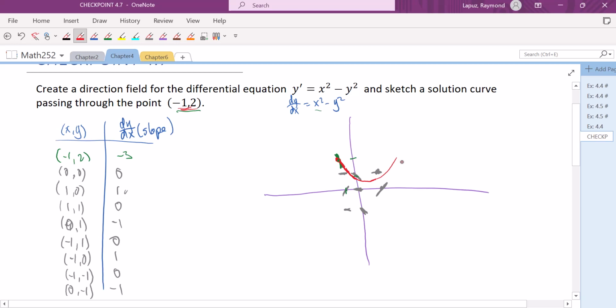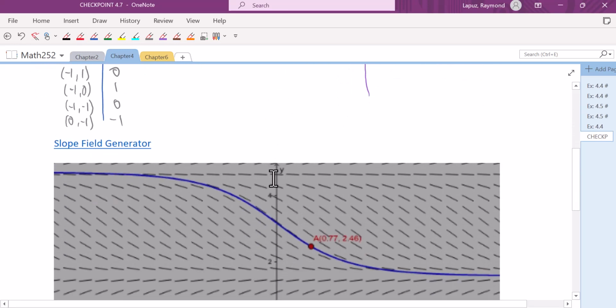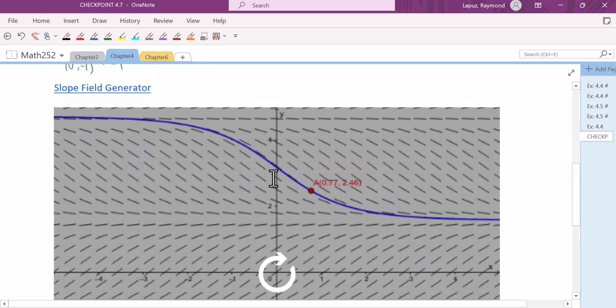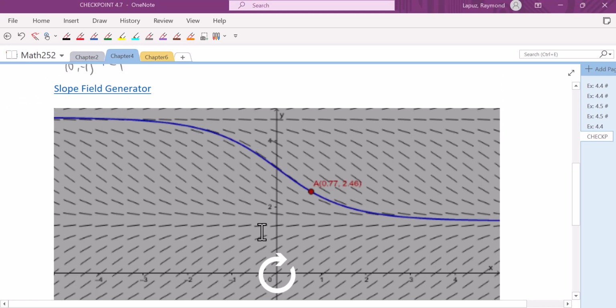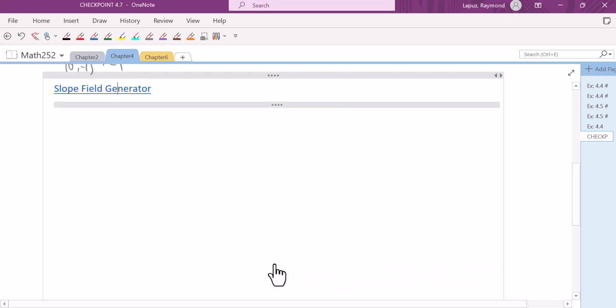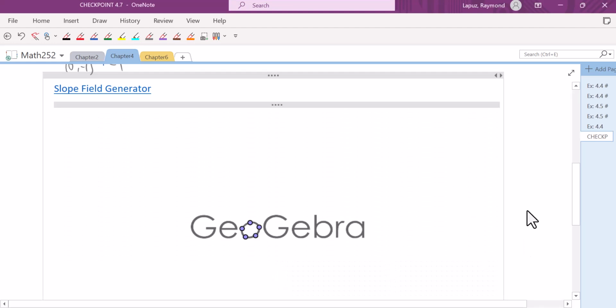But I'm not exactly sure how this is going to look until we plot more points, and plotting points can get a little tedious. So we're going to rely on a slope field generator that we can find online. If you just Google slope field generator, you can get that, and I will run this here in our video.